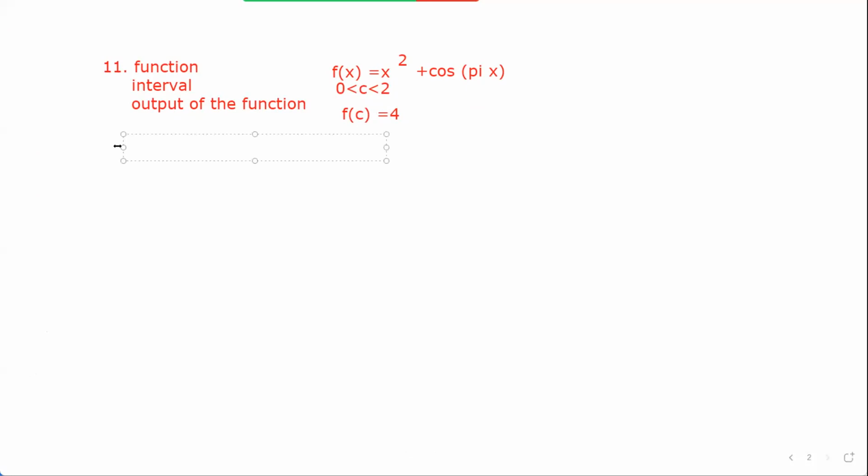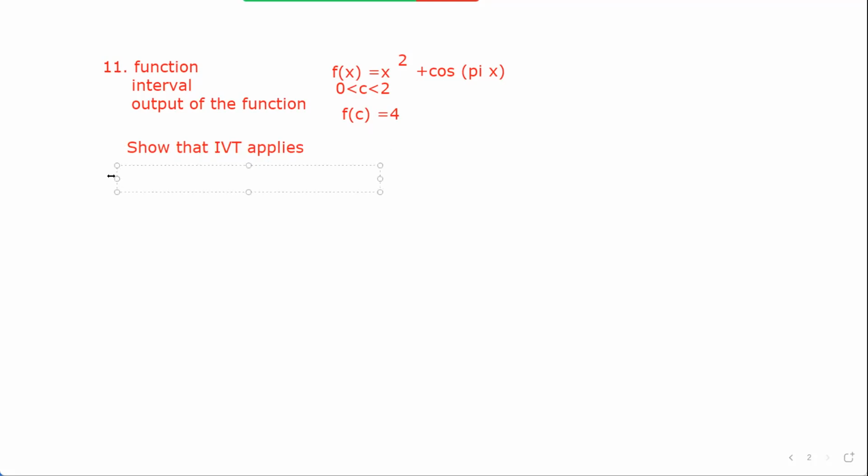I want to first show that the IVT applies. I'll show you the graph later if you really need it. But I want to show that the IVT applies.